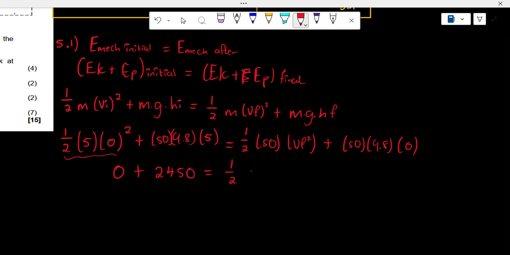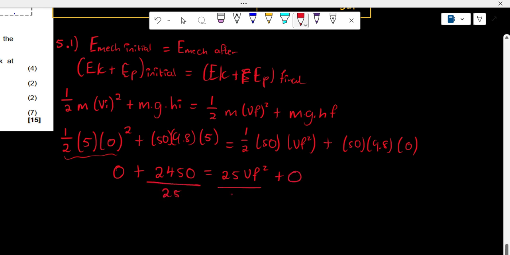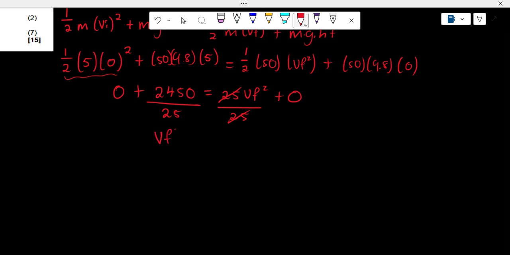That's equal to a half times 50, which is 25, times the final velocity squared, plus 0. So I divide both sides by 25 to make Vf the subject of the formula. Vf squared equals 98, and therefore the final velocity is the square root of 98.